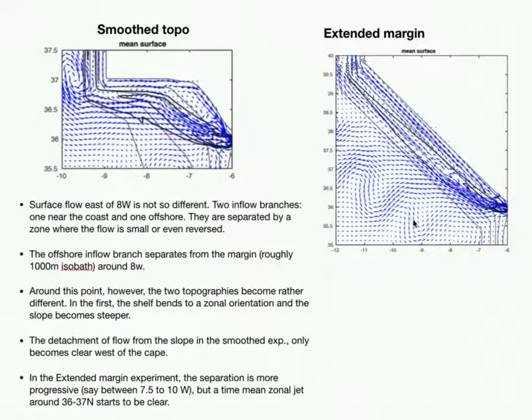So this is actually the very beginning of what we call the Azores current. So it's a meandering flow actually into the strait.